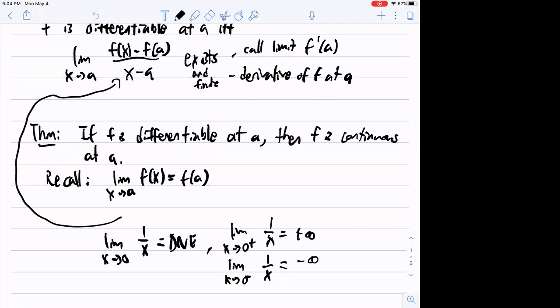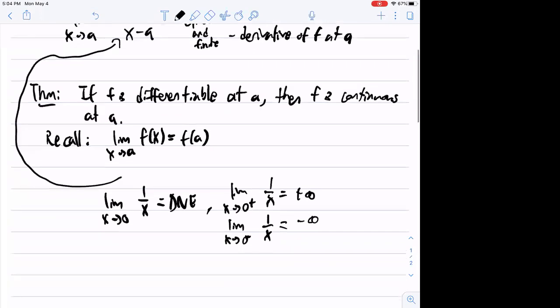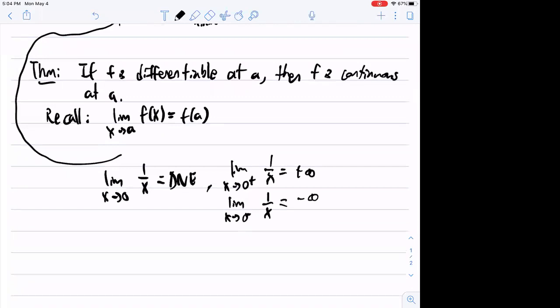So if you divide by a really small number, you get a really big number. So you see for the limit to exist, the numerator on the top has to go to 0. But the numerator going to 0 is pretty much continuity, right? Continuity is exactly like the numerator going to 0. So, okay. Any questions so far? So hopefully this theorem's clear. So if you can take a derivative of a function, your function is continuous, right?